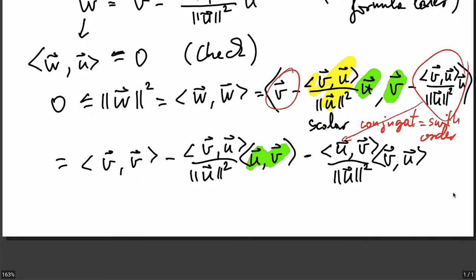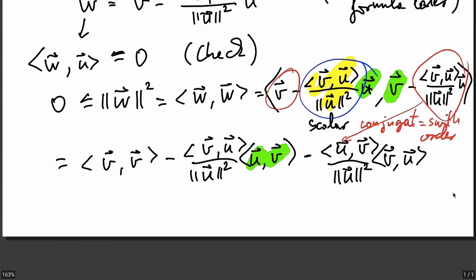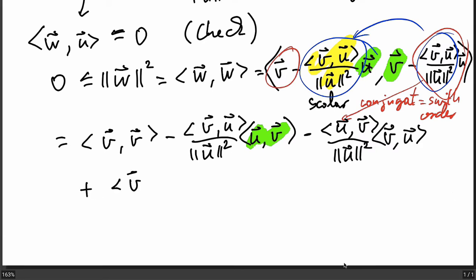And then we also have multiplying together the second terms. We have minus times minus, so that's plus. From the first component of this, we have V inner product U over U norm square coming out.